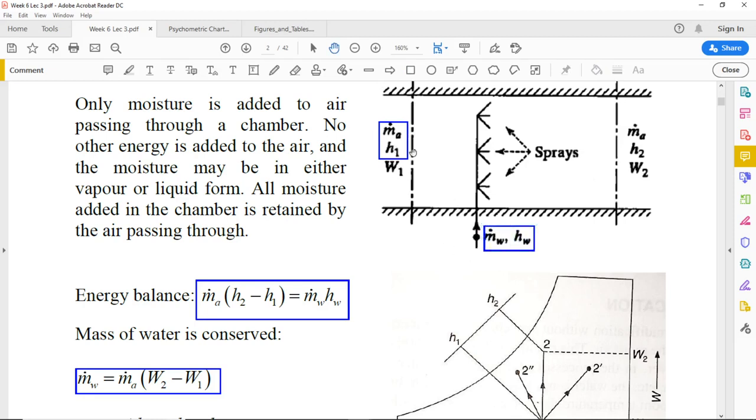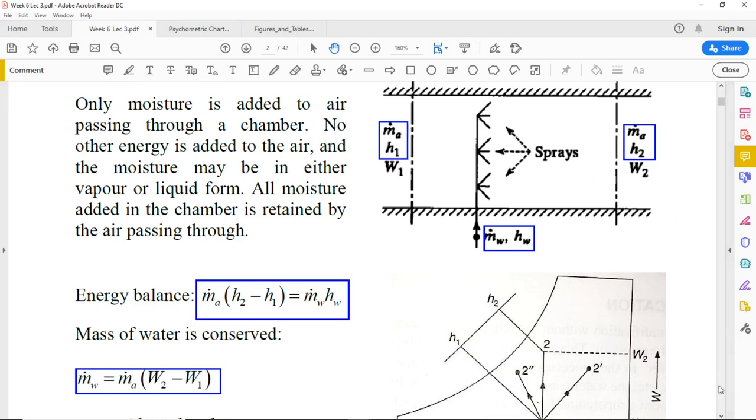So m dot A H1 plus m dot W HW must be equal to the energy content at the end of the process at state 2, which is m dot A H2. If we rearrange the terms, taking the terms which have m dot A on one side, we get m dot A times (H2 minus H1) is equal to m dot W HW.